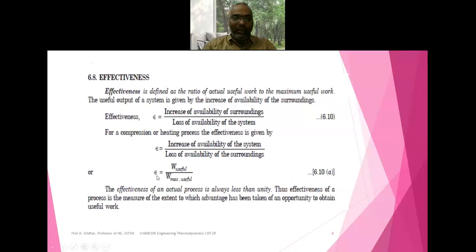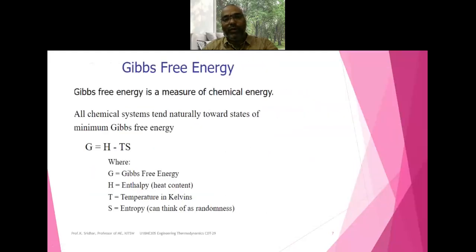In general, effectiveness is useful work divided by maximum useful work. The effectiveness of an actual process is always less than unity. Based on this, we completed the irreversibility concept and effectiveness concept.